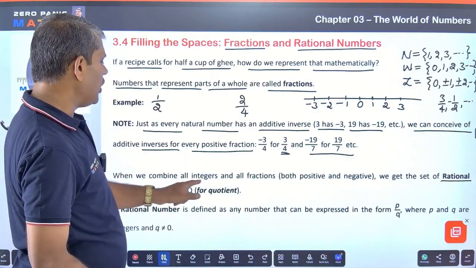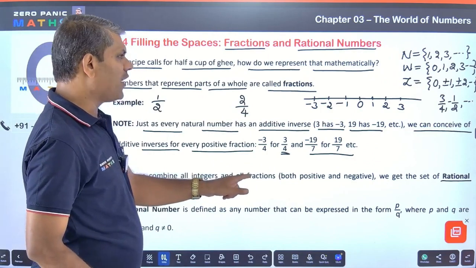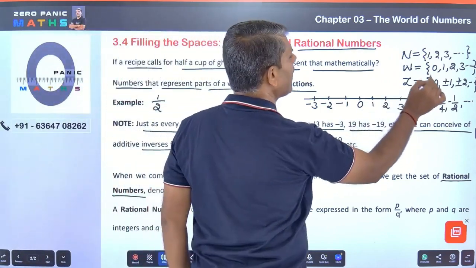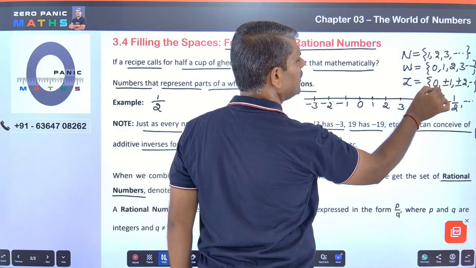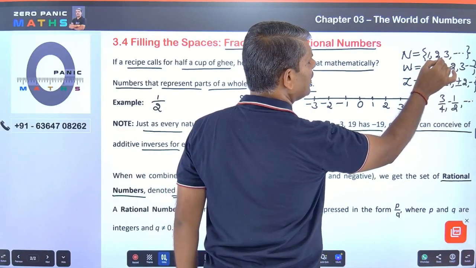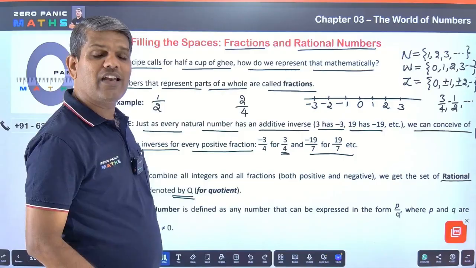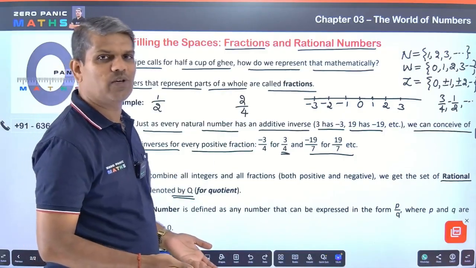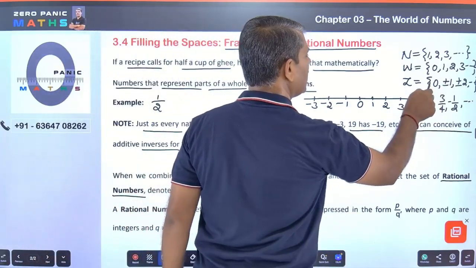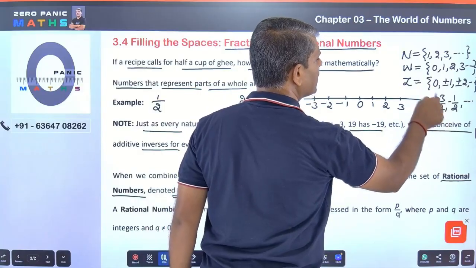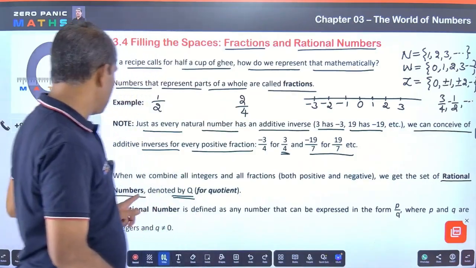When we combine all integers and all fractions, when we say integers, we are actually dealing with whole numbers also, because integers have a 0, and we are dealing with the natural numbers also, because natural numbers are actually the positive integers only. So positive integers, negative integers, 0 and all fractions together is called a rational number.